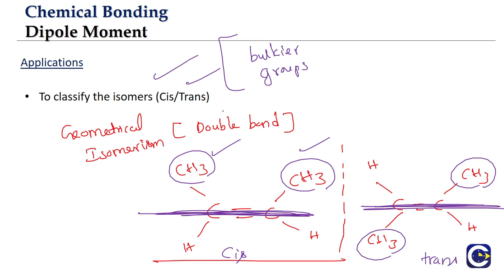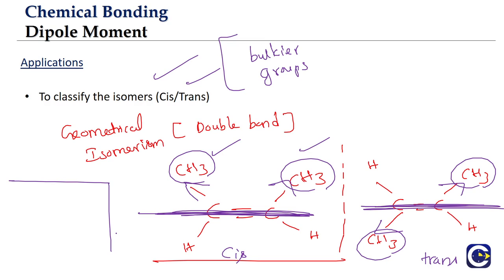Now if it is cis, what you see is the dipole moments will be adding. They are on the same side, so they will be adding. Whereas in trans, they will be cancelling. So in cis, the dipole moments are adding; in trans, they will be cancelling. Generally, here we just need to get the idea that the dipole moment has applications in organic chemistry. About this, we will study in detail when we go to organic chemistry itself.